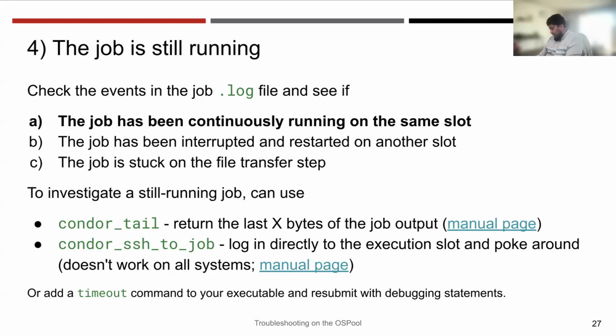So we do have condor_status, and we'll talk about it in the slides as well. But one issue I should mention is that when you run condor_status on our system, it will just show you the resources that are currently in the pool. Our pool is dynamic, so resources come and go. Say you are requesting some specific resources.